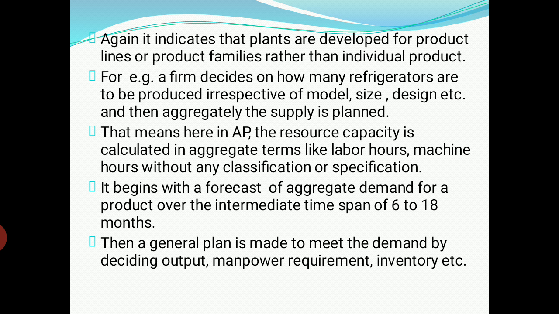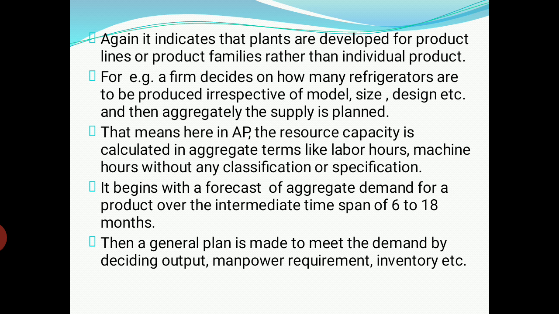That means one model may require some basic requirements, and is that available with us or not to meet the increasing demand? If not, then we can make changes in the materials. I told you, current assets can be manipulated, right? If we need more man hours, that can be done. If we need more machine hours to meet the demand, that can be done.